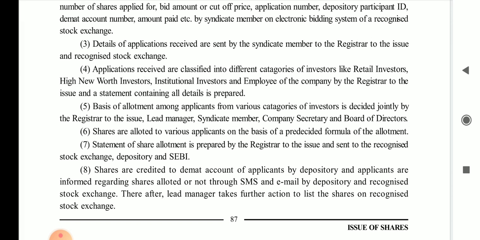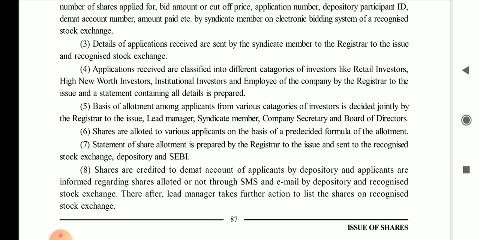The basis of allotment among the applications from the various categories of investors is decided jointly by the registrar to the issue, lead manager, syndicate member, company secretary, and board of directors. According to the categories, they have to prepare a basis. For example, if a person wants to purchase 100 shares, the whole procedure is conducted as per those who applied for 100 shares, but the company will give only 50 shares.